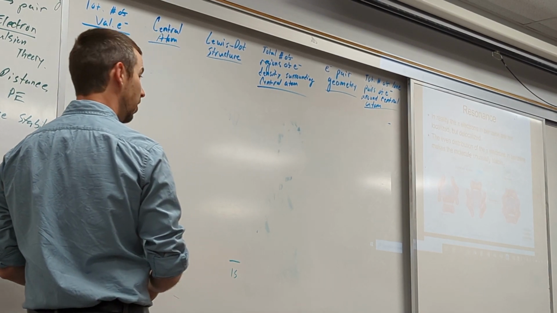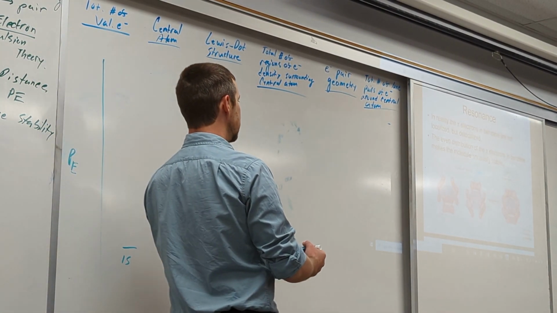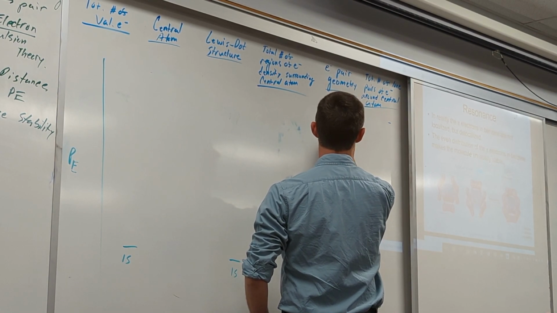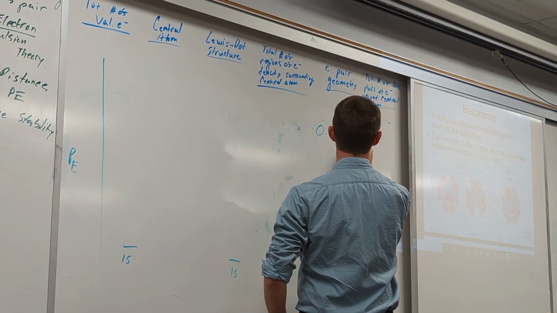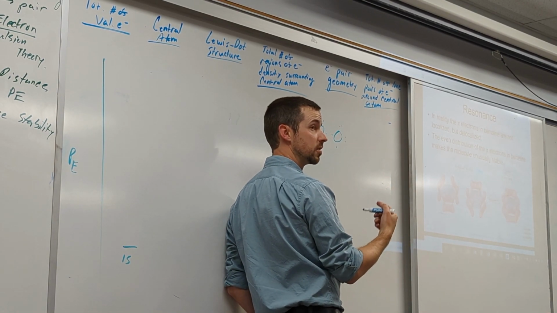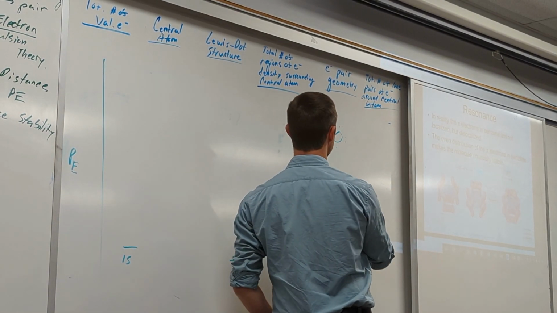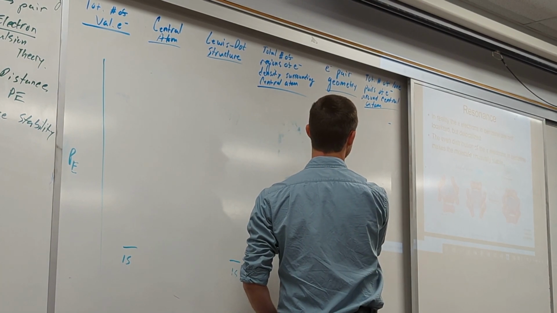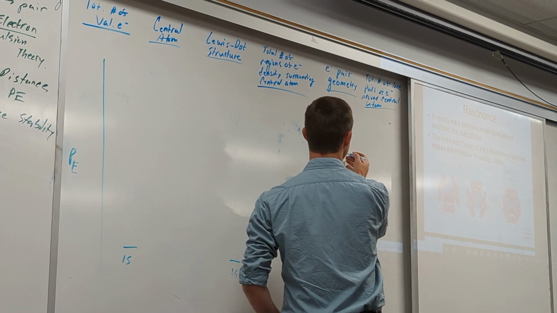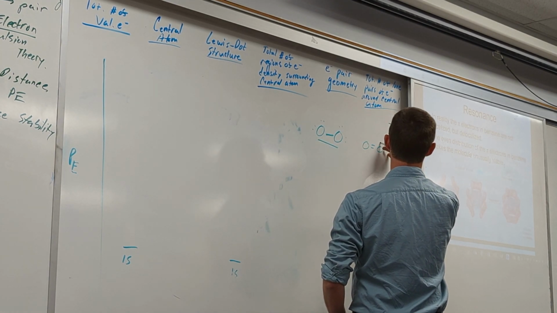Let's do a prediction of what the molecular geometry of homonuclear diatomic molecular oxygen looks like. Paired, unpaired? Now what? Paired again. So this should look like a double bond.